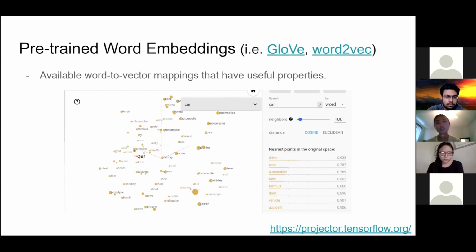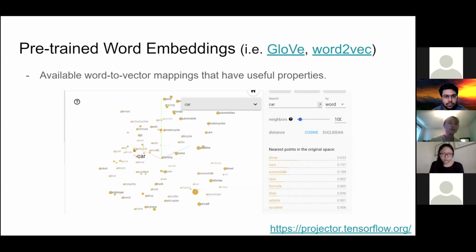Two of the most popular pre-trained word embeddings, and methods of training them, are GloVe and Word2Vec. These terms refer to both the method used to train these word embeddings as well as the word embeddings themselves. In practice, you're just going to download the mapping from words to vectors that they've already produced.